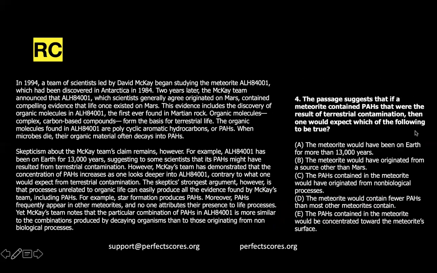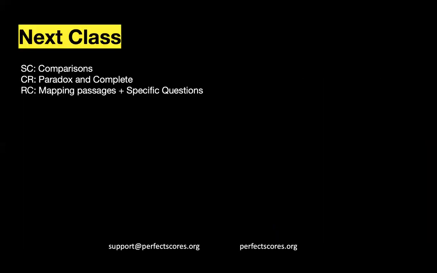So I'll do this passage next week. Okay, so instead of comparisons in the next class, we are going to do more questions on parallelism. And in critical reasoning, we will focus on paradox and completing the passage kind of questions. So any kind of change that you would like in the next class's agenda?